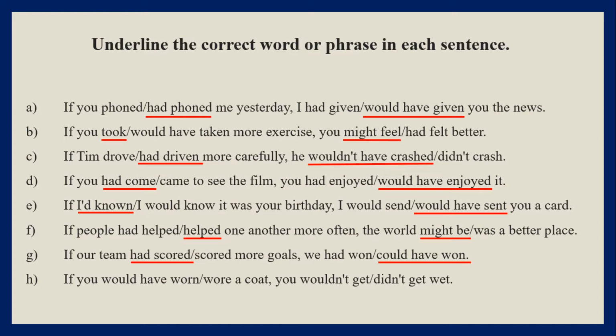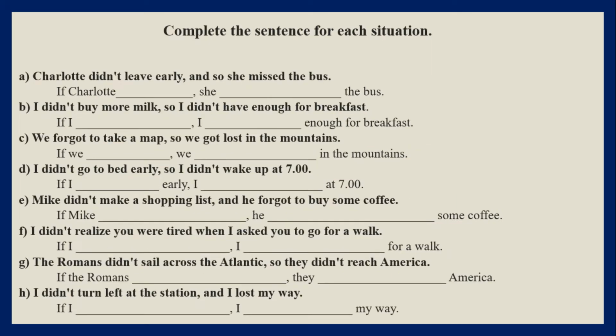It means I'm not sure if our team would have won, but it could have won. H. If you, again, would have, we don't use would have in the condition clause, so the answer is if you wore a coat. This is in past simple, so we could tell this is a second conditional. You wouldn't get wet. Next exercise.